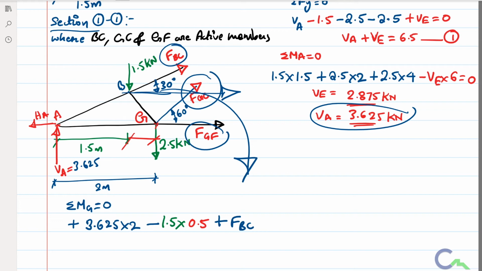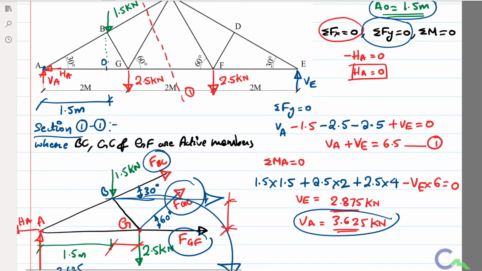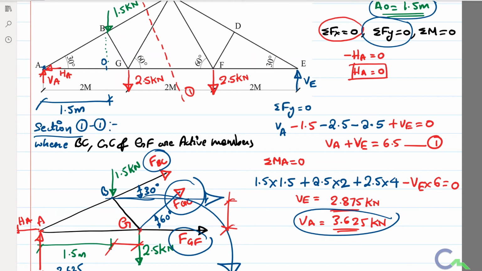FBC into, the angle is given with respect to horizontal, therefore cos 30 will be the component in horizontal direction. Distance into, I want this vertical distance. So to calculate that vertical distance, I can use the triangle ABO.